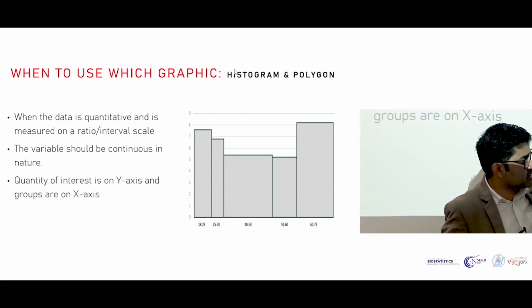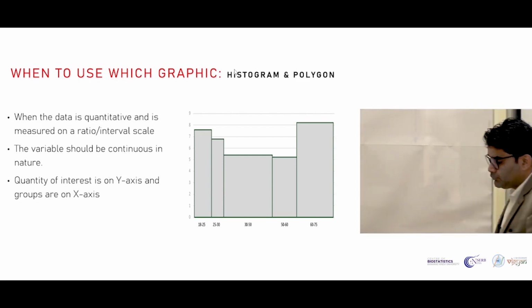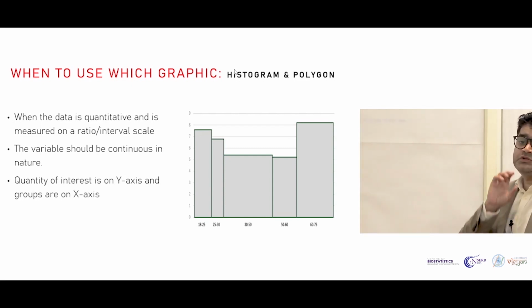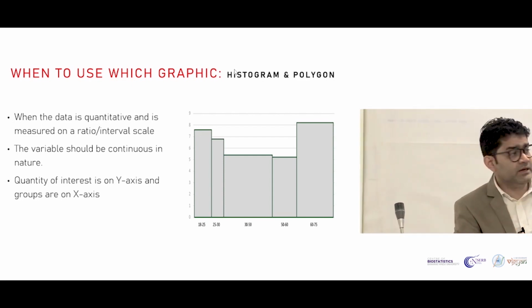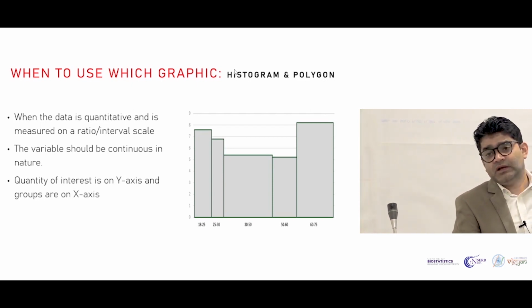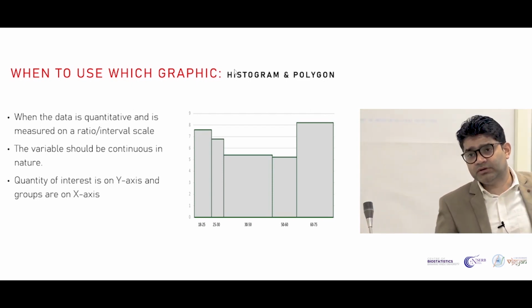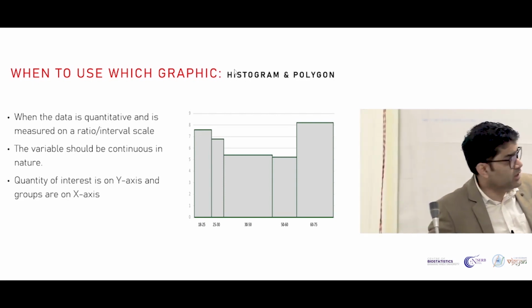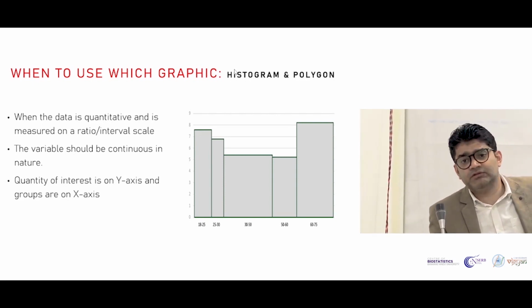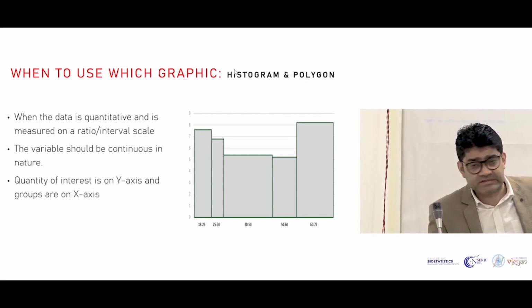If you are having a sound scientific background, we should decide on this width, then you can choose unequal width. Otherwise, try to make an equal width. So if it is of equal width, then the height of the bar would be the quantity of our interest, okay.